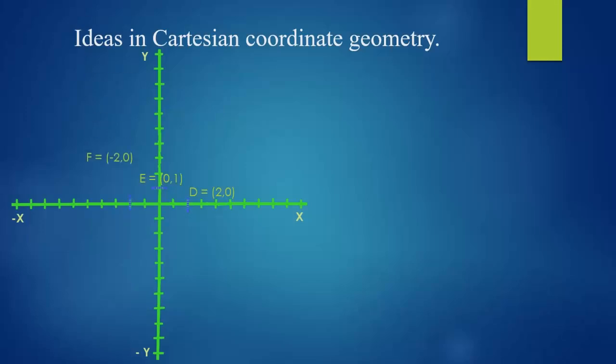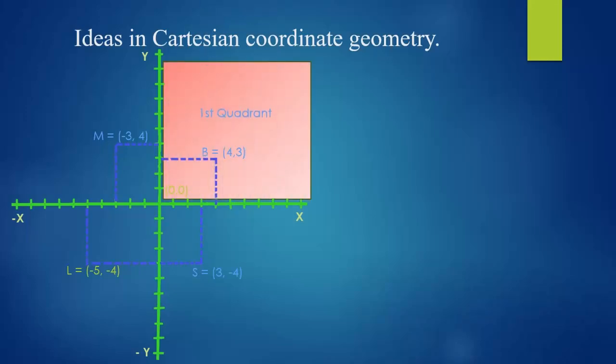You have another point here which has -2 units movement along the x-axis toward the negative direction and 0 units along the y-axis. Similarly, there is a point G which is 0 along the x-axis and -2 along the y-axis. So friends, this is called the Cartesian coordinate system. It can locate any point on the 2D plane.